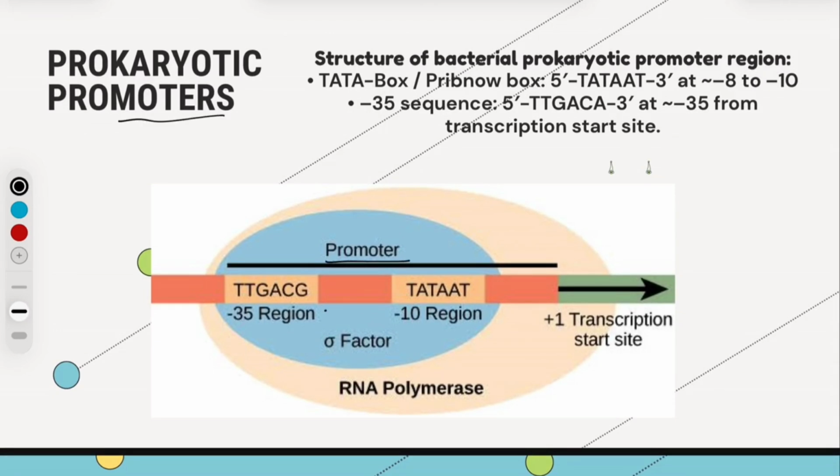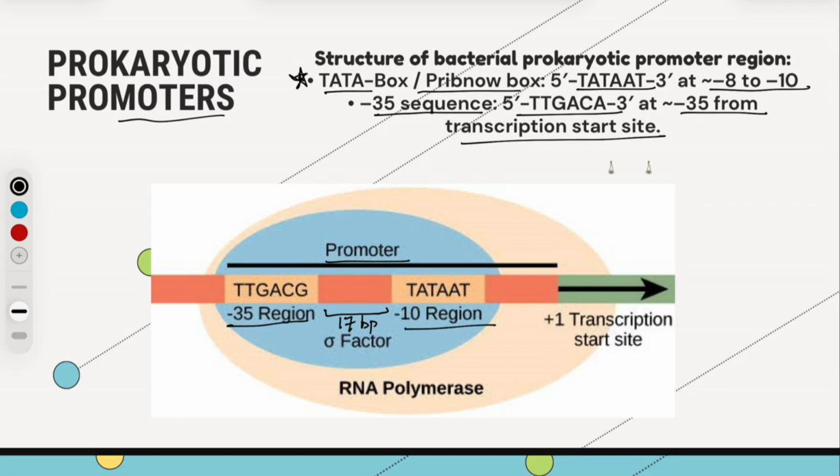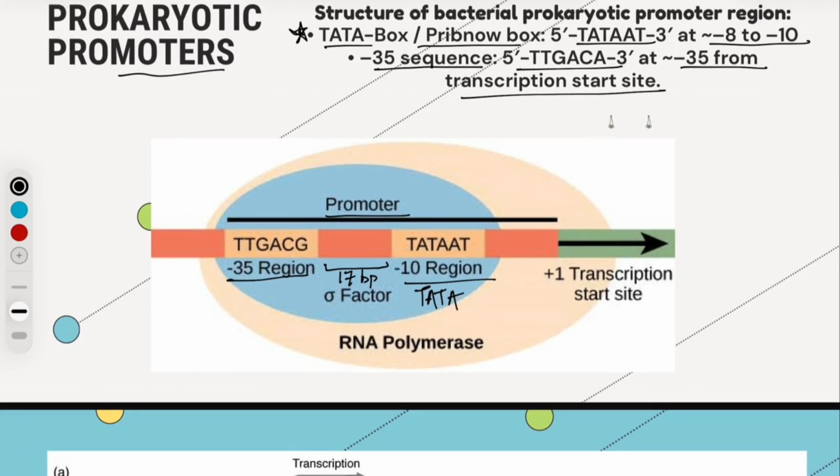Next are prokaryotic promoters. These promoter regions are from -35 to -10. Minus represents that it is upstream from the transcription start site. The -10 one is the TATA box or Pribnow box. It is very important. The -35 region and the -10 region have 17 base pairs of difference between them, and it is the place where RNA polymerase basically binds.